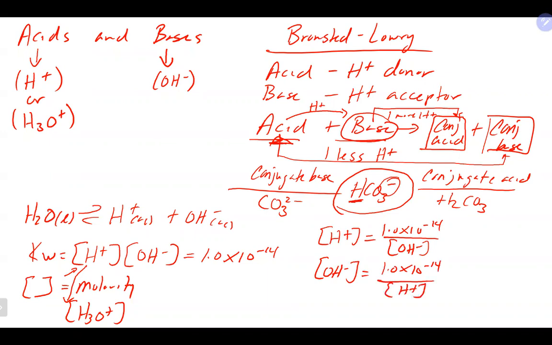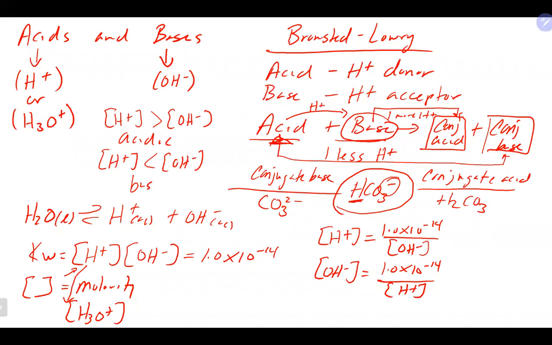We also talked about the importance of using our exponent button, so make sure you're using it when you punch these in. Then we compare the H plus concentration to the OH minus concentration. If it is larger, then it is an acidic solution. If the H plus concentration is less than the OH minus concentration, then it will be basic. And if they are equal to each other, then it will be neutral.